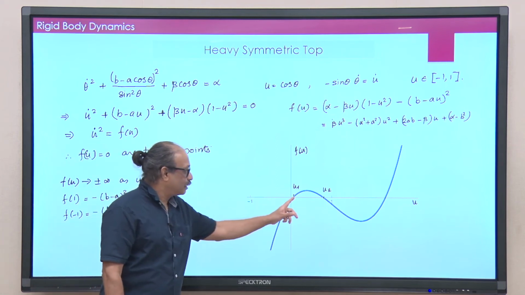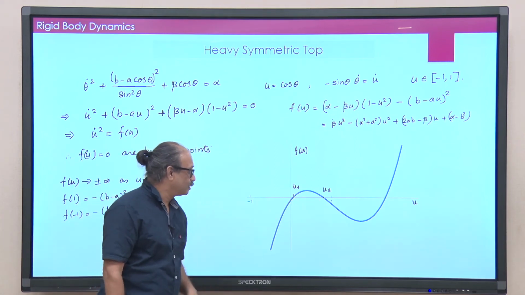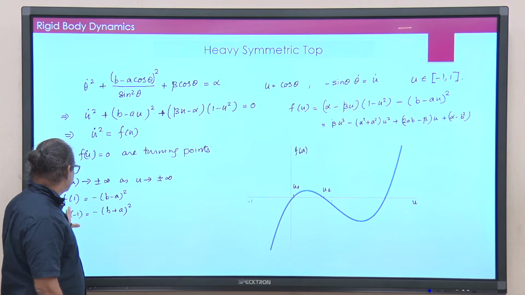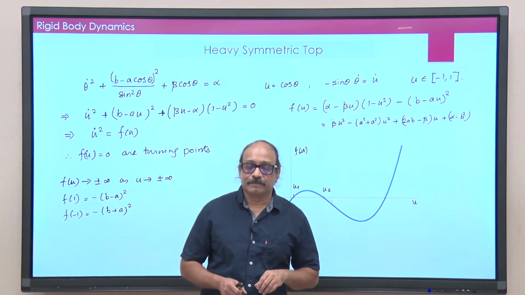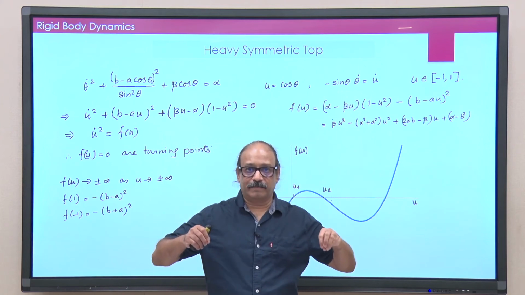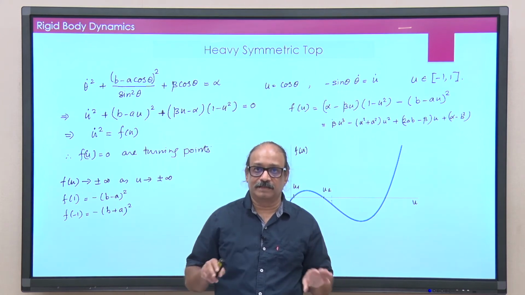You can of course show the presence of these two roots by also looking at what happens at f at u equal to 1 and minus 1. Only thing that you have to notice is that at u equal to plus 1 and minus 1, the graph must be always negative.